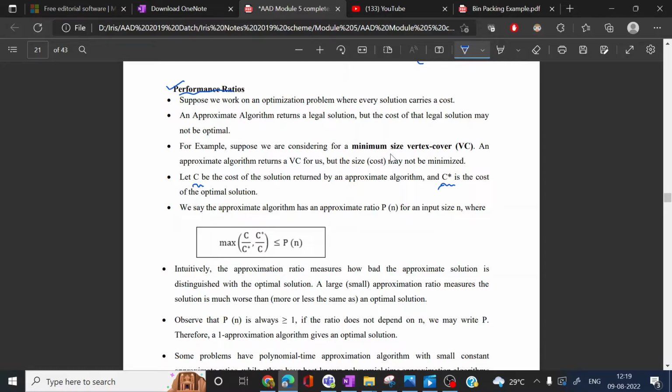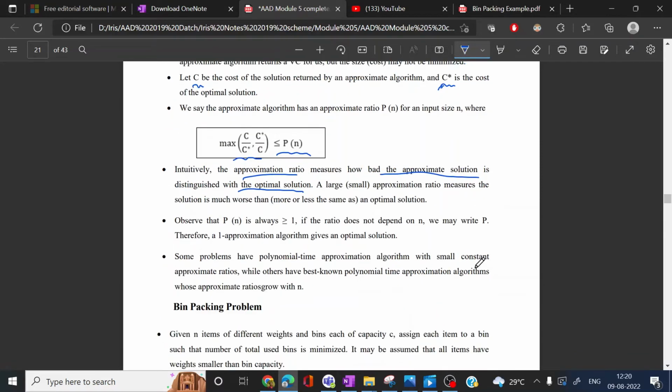For example, if you are finding the minimum size vertex cover, the approximate value can be near to the optimal value. So that ratio, which is the maximum of C by C star or C star by C, is less than or equal to P of n. This is known as the approximation ratio, which measures how bad the approximate solution is compared with the optimal solution.